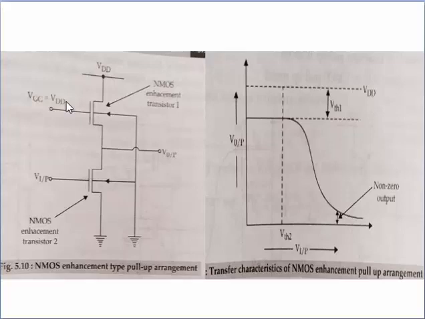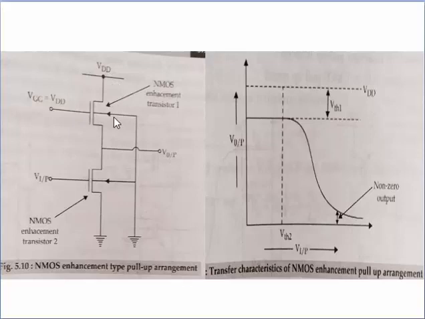So VGG may be derived from the switching source so that dissipation can be greatly reduced. If VGG is higher than VDD, then an extra supply is required, meaning VGG, whatever we are providing, is greater than VDD. One more power supply line we need to give to the pull-up transistor.